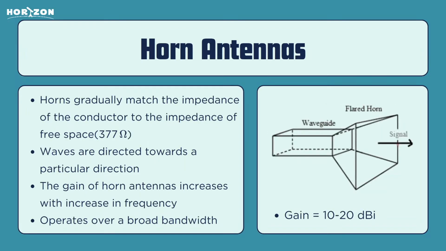The same principle behind acoustic megaphones is used in horn antennas. Here you can see that we have a flared horn similar to the megaphone, and this allows for the impedance to be gradually matched from the waveguide to the impedance of the surrounding.